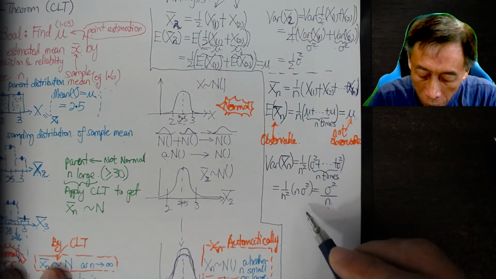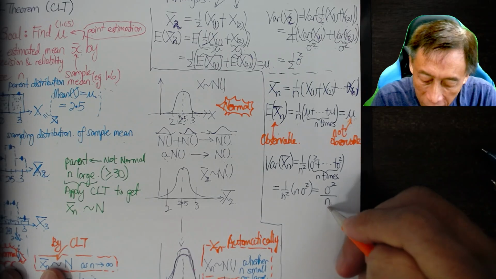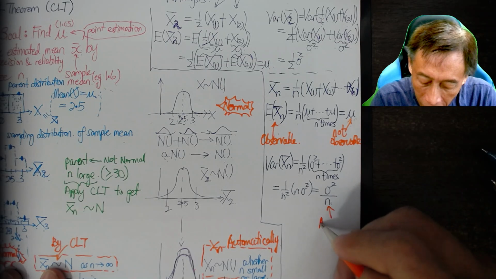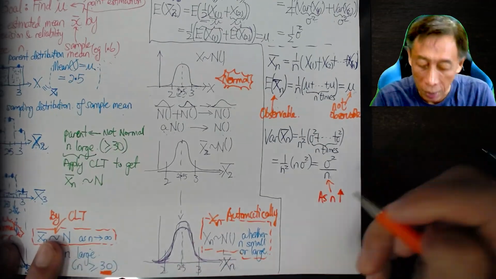So here, what is the significance? This is telling us as n becomes larger and larger, right?